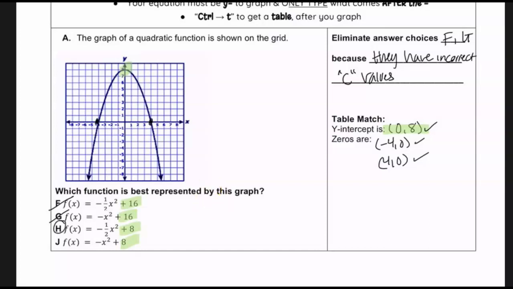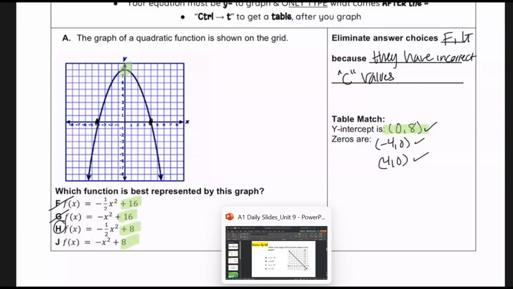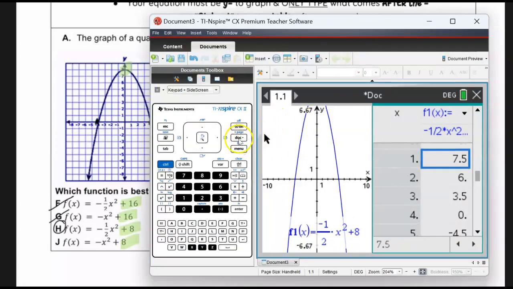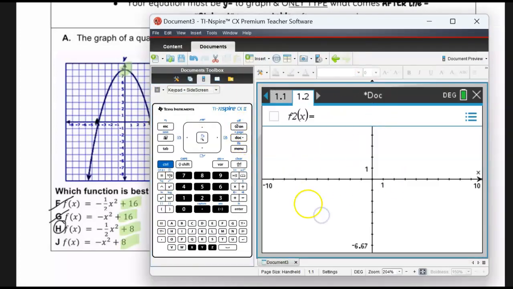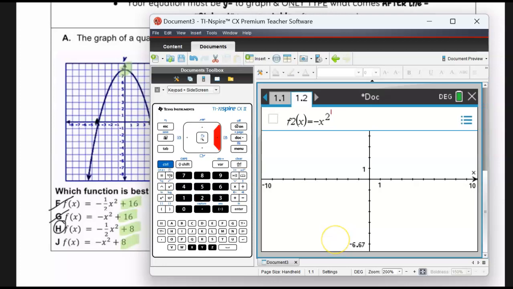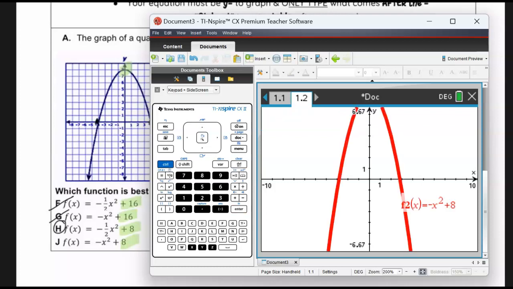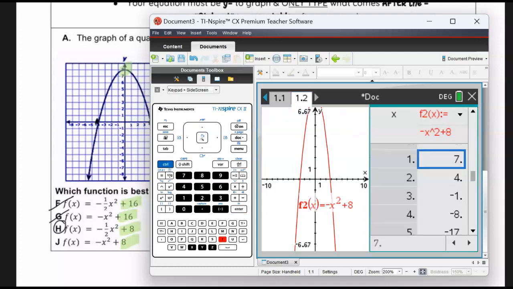But let's say we want to try J, just in case. So I pull up J, I make a new graph, and I'm going to try the -x squared plus 8. So this time if I do control T, and I scroll up, I still get 0, 8, okay.